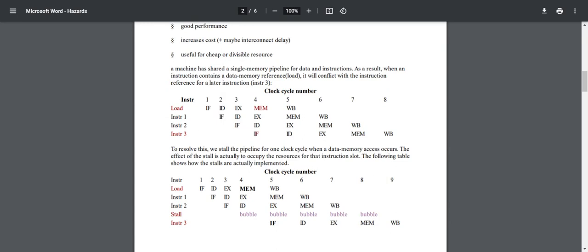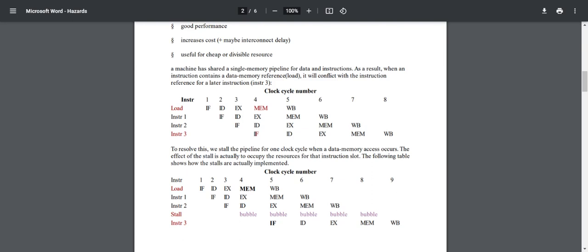Two different instructions are trying to use the same hardware resource in the same clock cycle. So this kind of situation is called structure hazard. Now the question is how you can try to solve this kind of situation, this structure hazard thing.